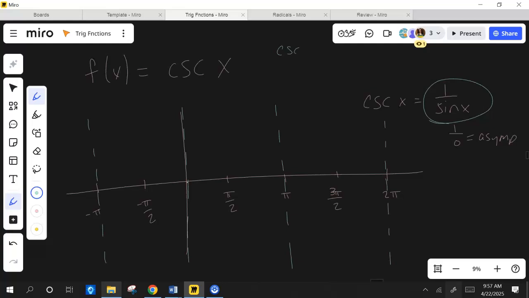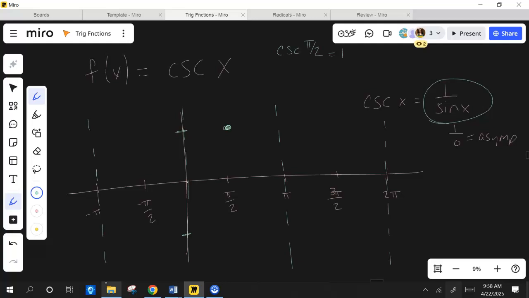So what I'm asking you is, what is cosecant of pi over 2? Cosecant is the flip of sine, so go to pi over 2 and flip your sine value. What is it? 1 over 1.